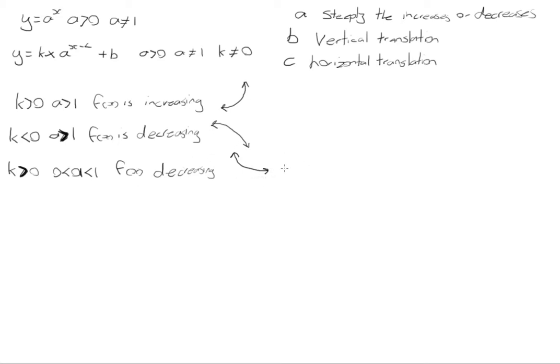What if we've got k being less than 0, but again a is somewhere between 0 and 1? Well, it's going to be increasing. We've got increasing, decreasing, decreasing, so it makes sense that it's going to be increasing again, and it's going to look a little bit like that.